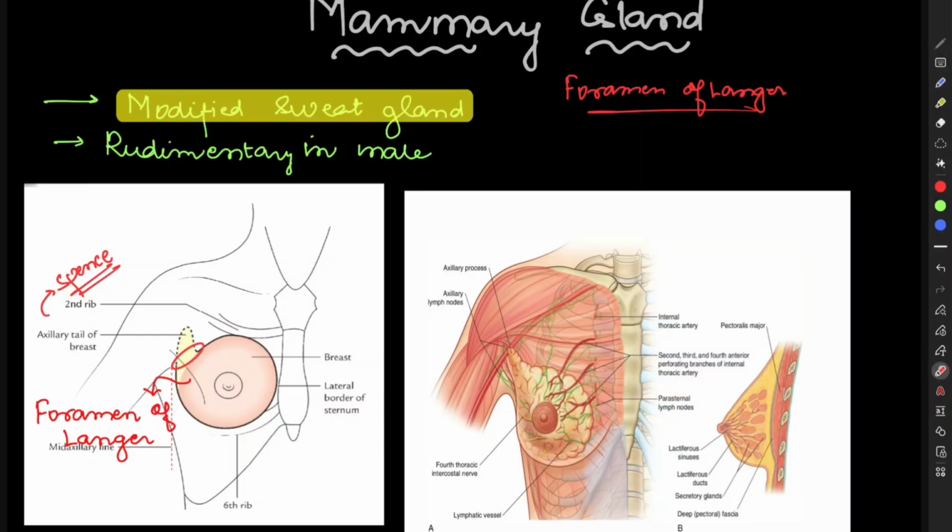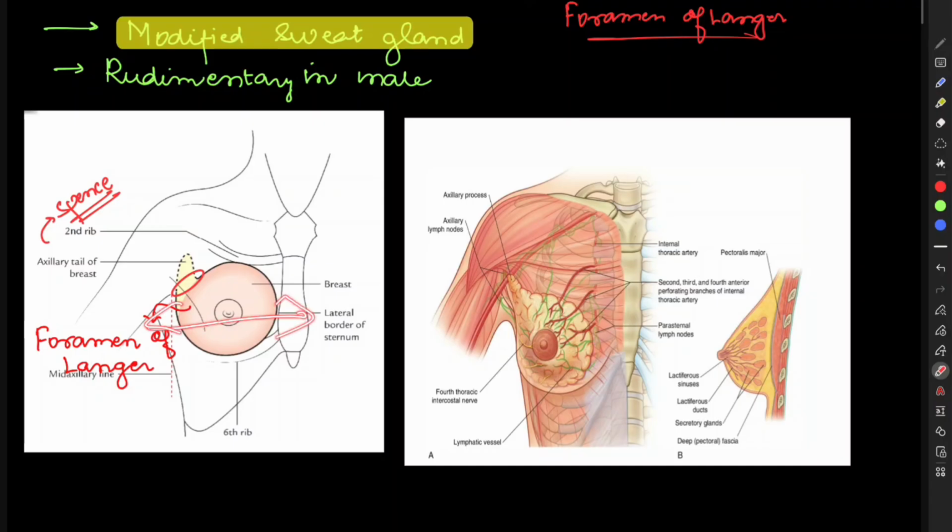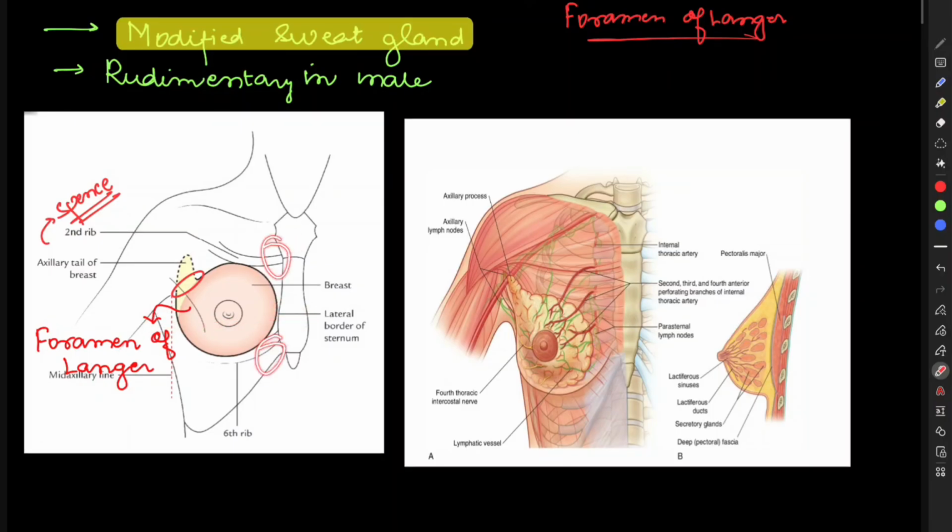It can be oval in shape, flat, pendulous, that is, pendulous shape means which is hanging very loose, or pyriform in shape. Talking about the extent, the mammary gland vertically extends from the second rib to the sixth rib.